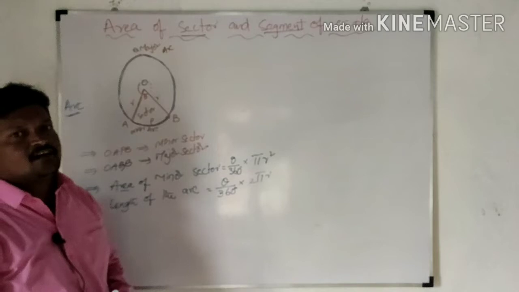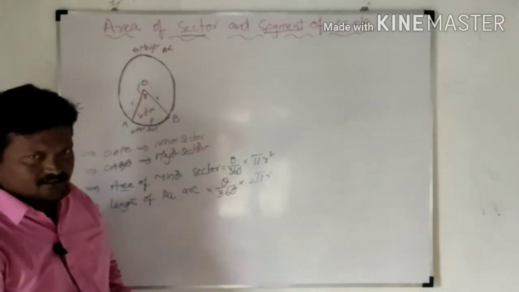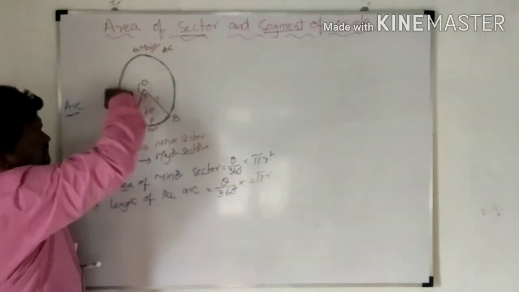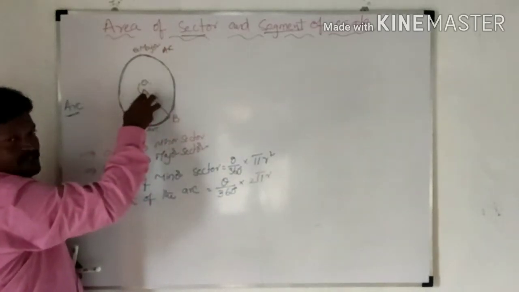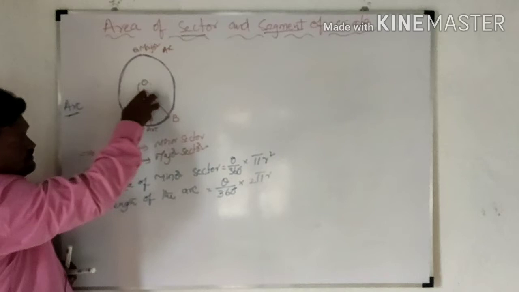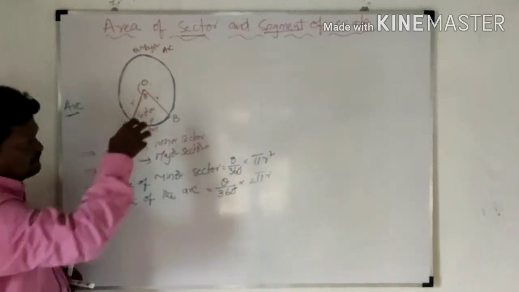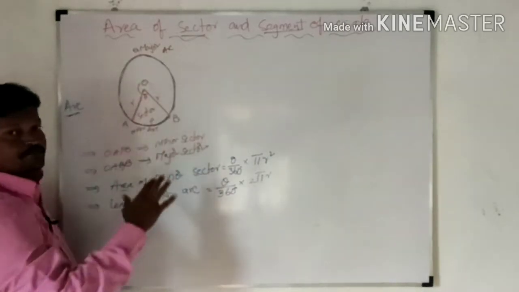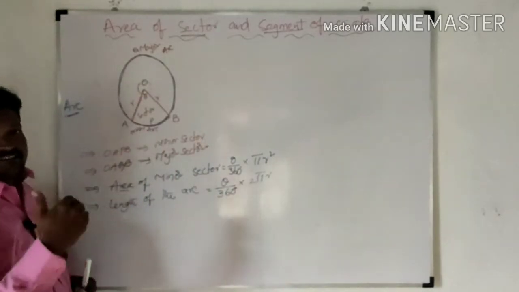Then how can we find the area of the major sector? See, simply, there is no need for another formula. From the area of the circle, if we remove the minor sector, then the remaining portion will be the major sector.